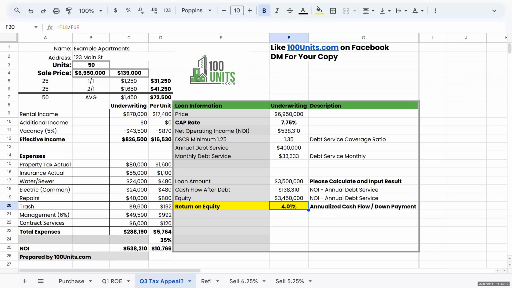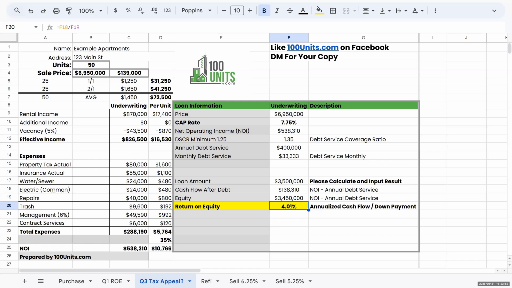So if your basis in the property from 15 years ago was, I don't know, 30% of what the value of the asset is today, and you're looking at the cash flow today versus the amount of cost you had 15 years ago, it doesn't really help you make a good decision because you're comparing something that was 15 years ago with something today. But your equity is what you have in the asset today. Cash flow is also today. So when you compare those two, it gives you something to really make a decision on that's actually helpful.